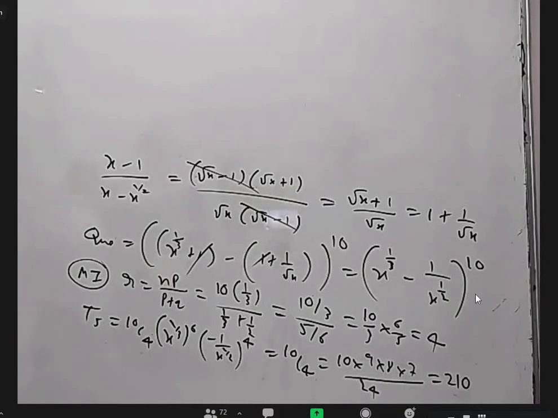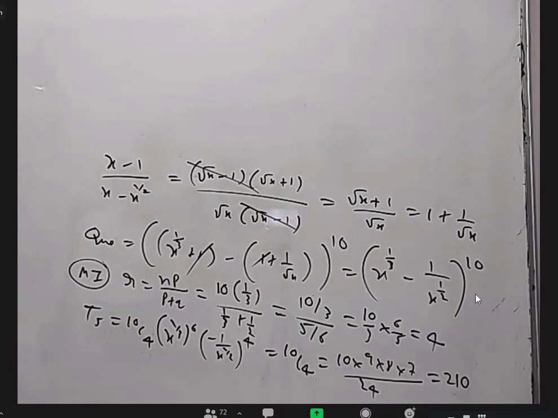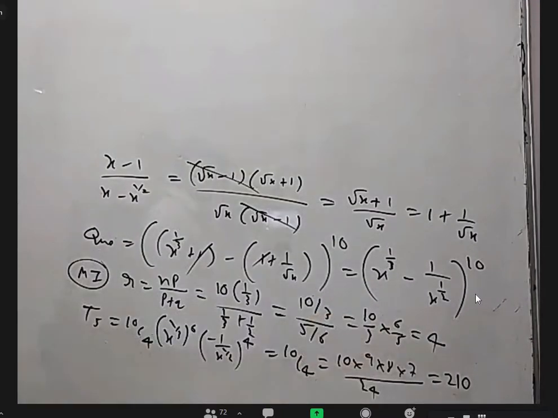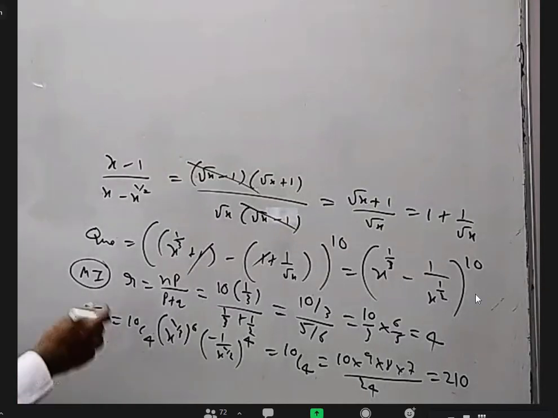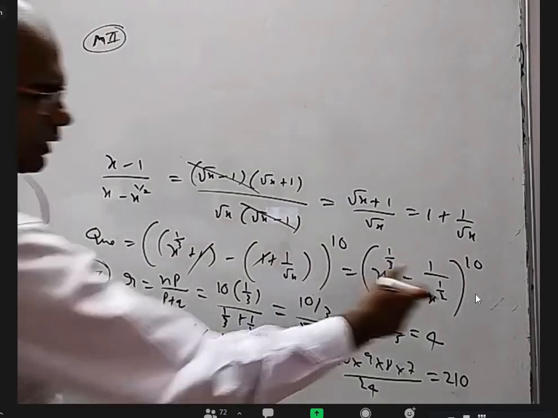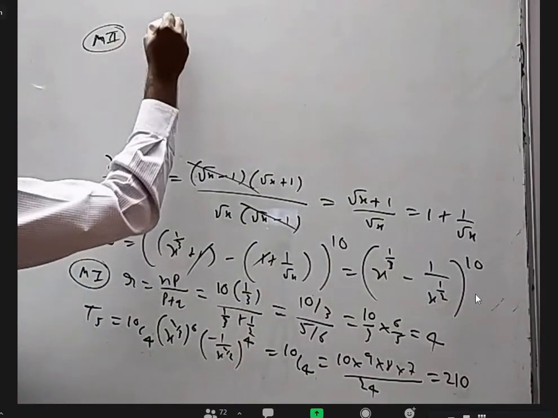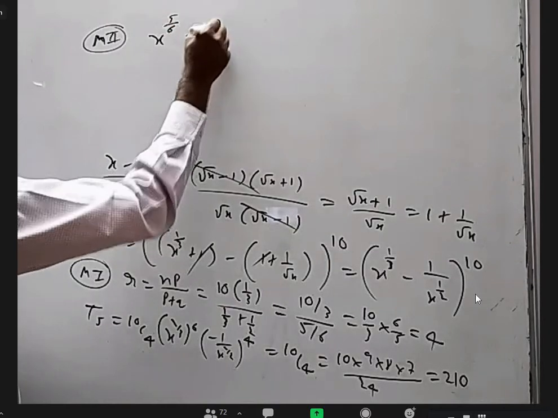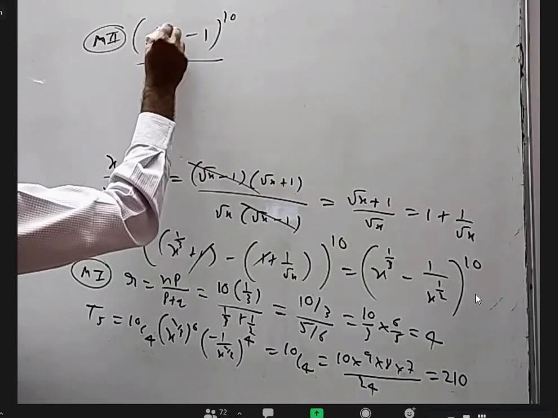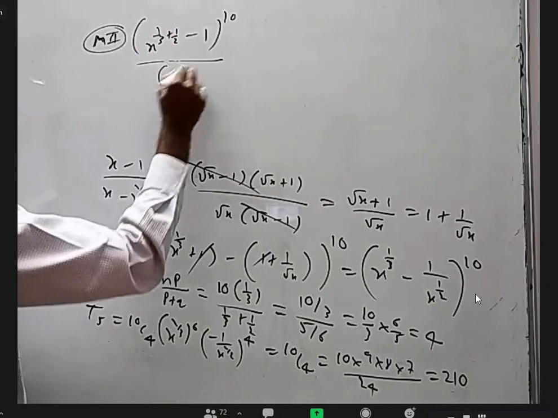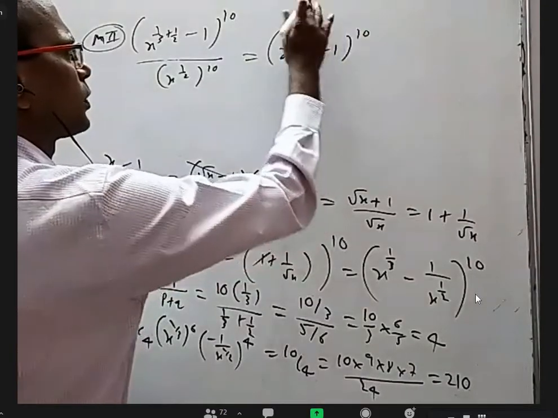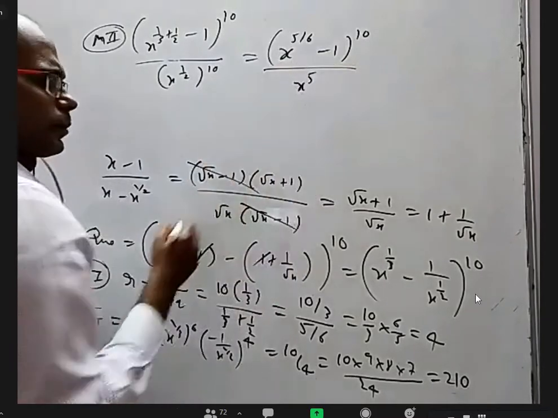So here the binomial part is there, but mostly it is simplifying the big expression into a very simple expression. Proving the given binomial is equal to this is the major part. Of that, independent of x, this is one thing you can do. If I take LCM here, I'll get x power 5 by 6 minus 1 whole power 10 by x power 5.